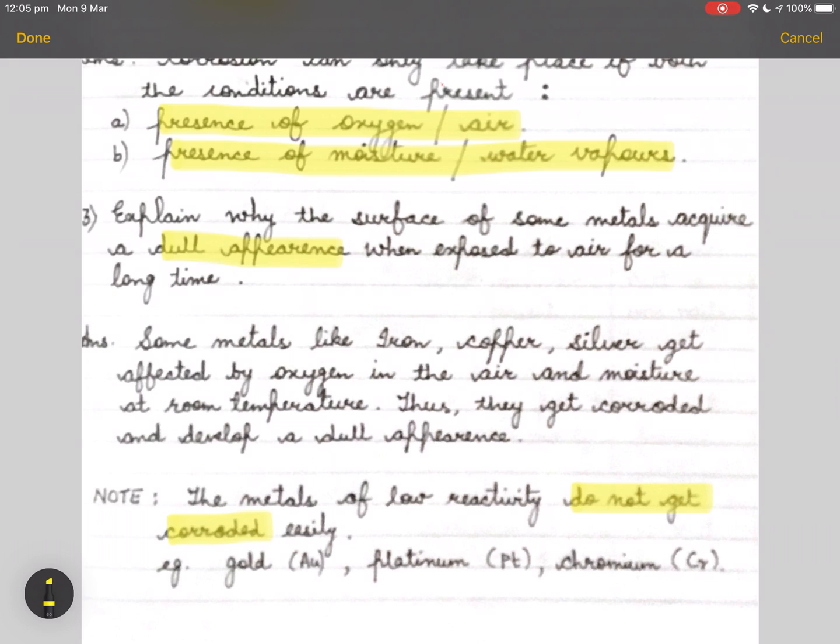So remember, gold, platinum and chromium are the metals which are placed below hydrogen, and they are very, very inert. They don't react at all. They are so inert that they can't be corroded. So that's another important question if they ask what are the metals which do not undergo corrosion.